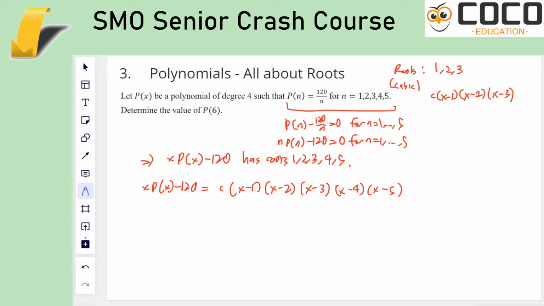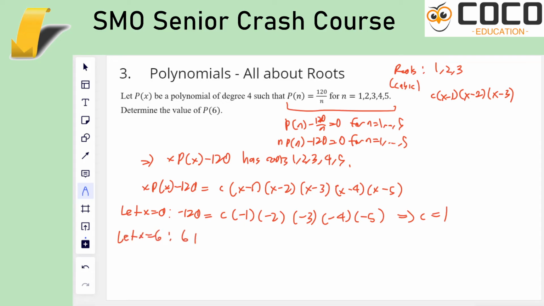Here, if I put x is 0, then I don't need to know what p of 0 is. Well, we are fortunate enough that in this case c is actually 1. So there was no constant. And so to find p of 6, just let x equals to 6. So p of 6 will be 40.